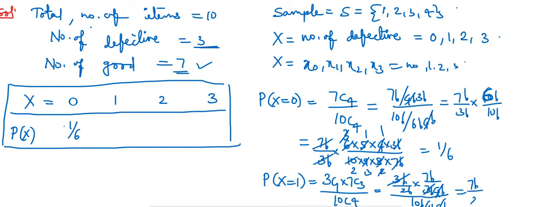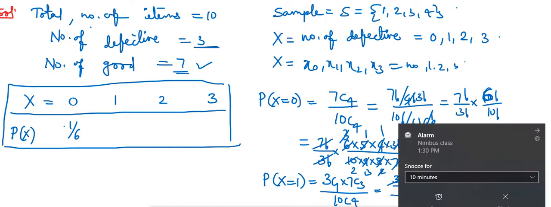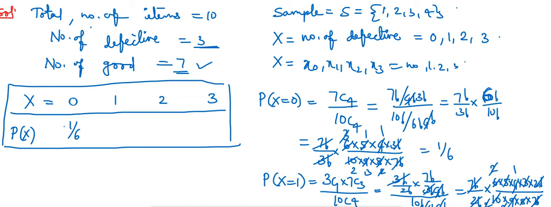It is equal to 7 factorial by 2 factorial into 6 into 5 into 4 into 3 into 2 factorial by 10 into 9 into 8 into 7 factorial. The 7 factorial and 2 factorial cancel, and the remaining factors cancel. So it is equal to 1 by 2. The value for one defective is 1 by 2.